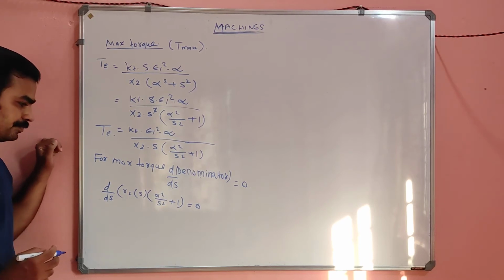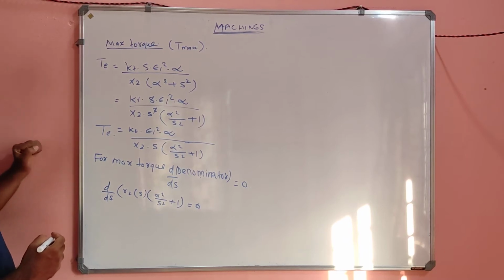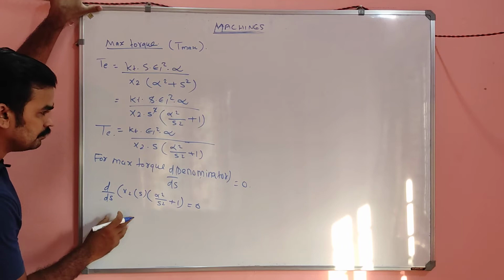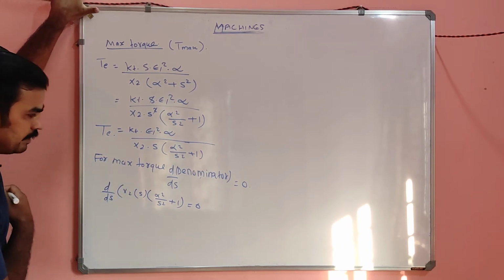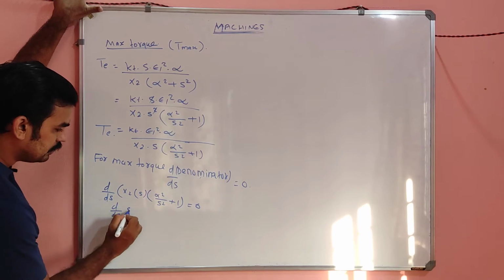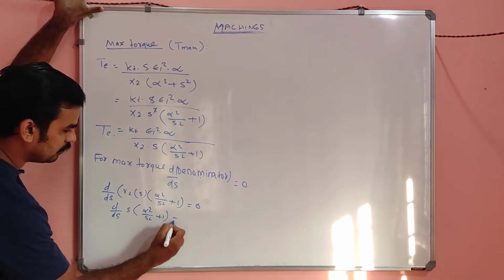Am I correct, my dears? x2 is of course a constant, right? So you can take it outside. So d by ds of s into alpha square divided by s square plus 1 equal to 0.